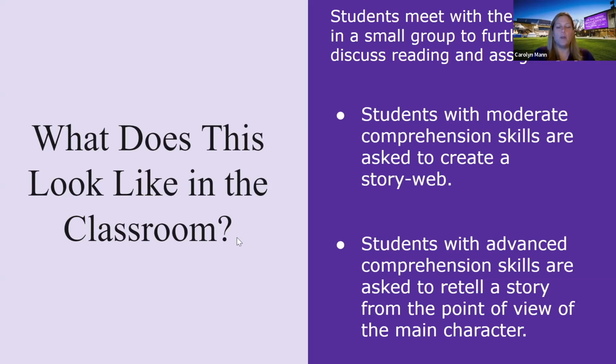So what's important here is I'm not giving one group of students more work because they're either lower or higher. Instead, I'm choosing activities at different levels that require perhaps more inquiry or more higher level thinking. However, we can all be reading the same book.